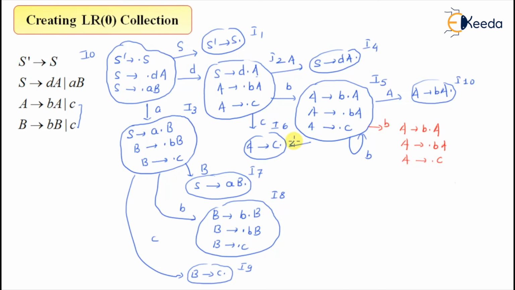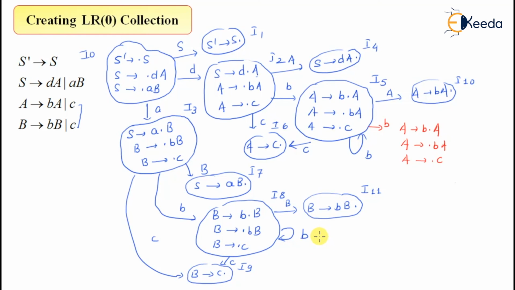On input c, this will go here. Coming back to this, on input capital B, what will it become? B derives bB dot, and I call this a new state, I11. This will become B dot B, a similar situation like this. So this will loop on b, and on input c, this will go to this state.